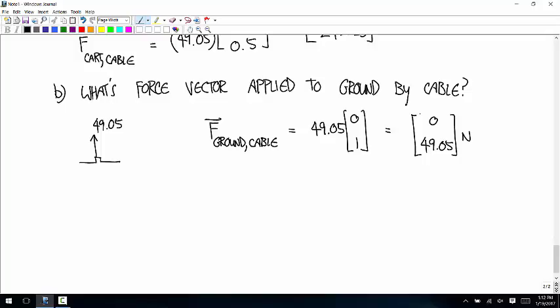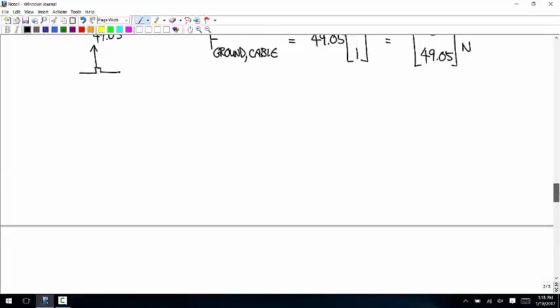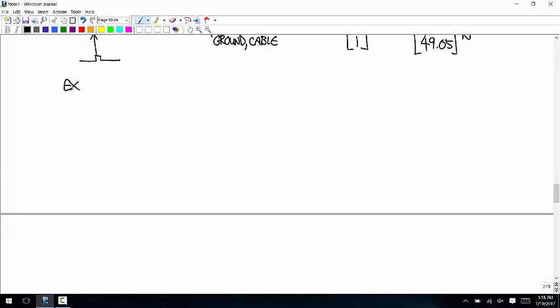There's one question on the homework that I don't think I assigned yet, but I'll assign it today. That asks you. So I'll give a similar example. So let's say we have a box on an incline. Let's say this angle is 20 degrees.